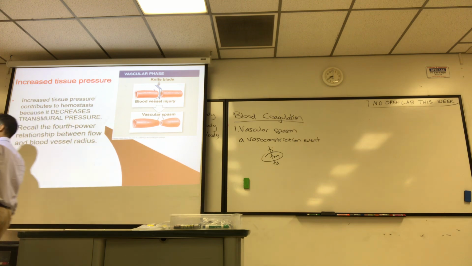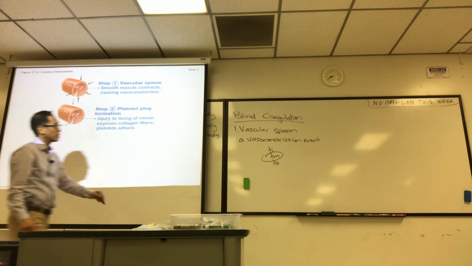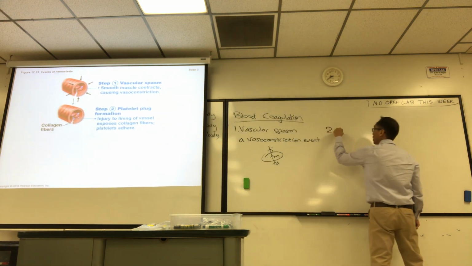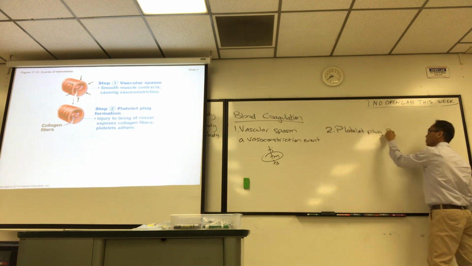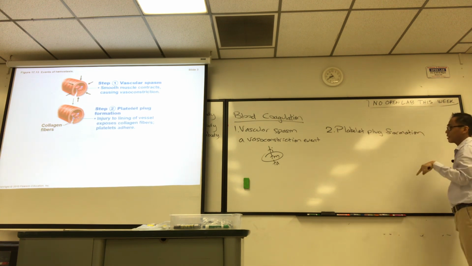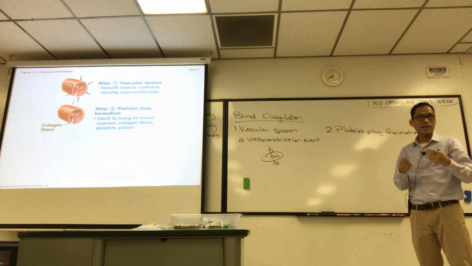Pressure to the wound. Well, and the other thing that happens is that a platelet plug may form. So this is step two, platelet plug formation. You have a cut. Now the flowing blood, there's all these collagen fibers from the underlying tunics.